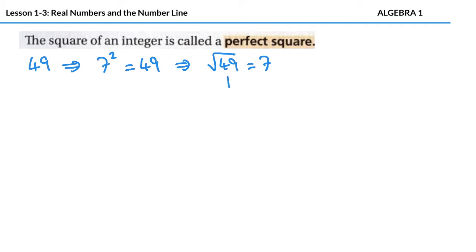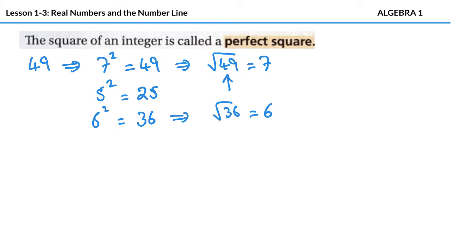So 49 is called a perfect square because 7 squared is 49. Similarly, 5 squared is 25, so 25 is called a perfect square. Can you guess a few more perfect squares? What about 6 squared, which is 36? 36 is a perfect square, so square root of 36 is 6.